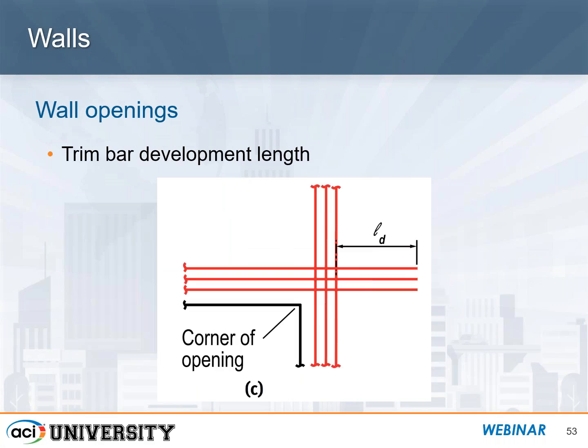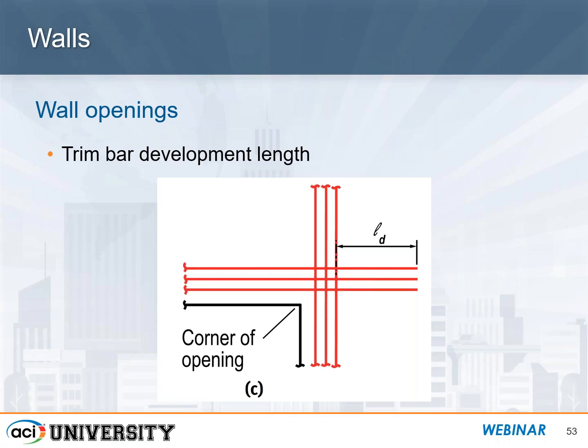And finally, there are others who like to take the location of where the last trim bar is and measure the development length from there. And that has its pluses and minuses as well. What if there's a large number of these trim bars? You can wind up with a fairly long development length that's not needed.